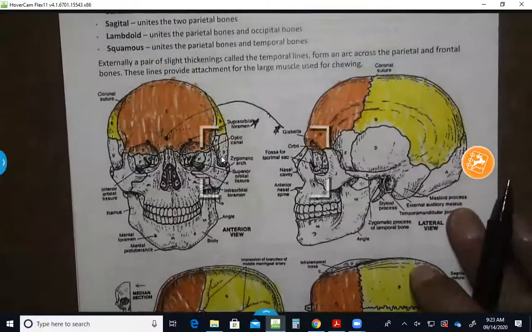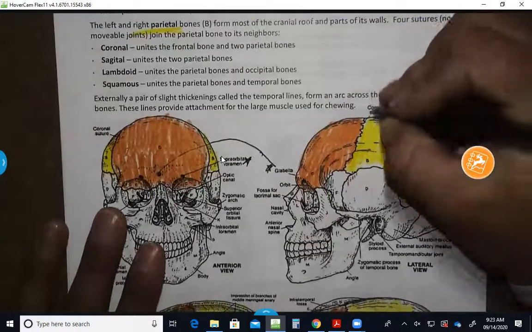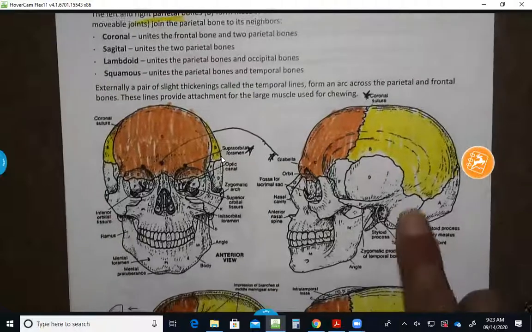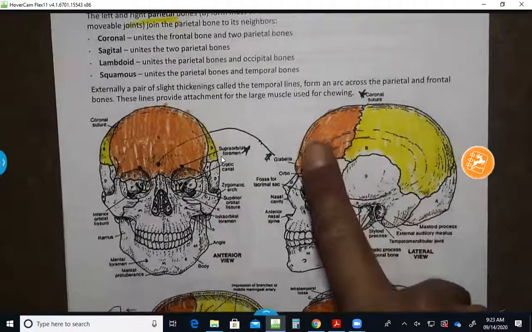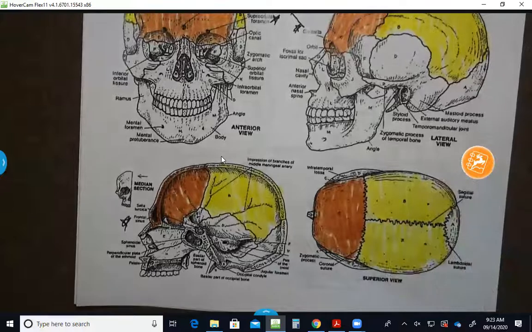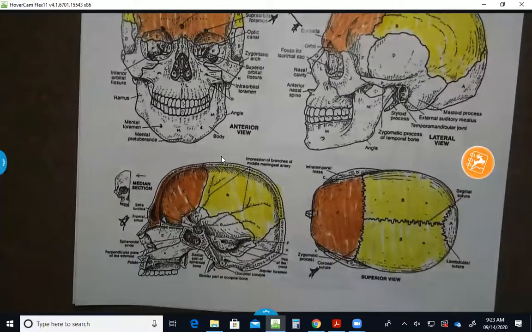Okay, the next structures are the special name sutures. These are the only sutures that you're going to have to know a special name for. Which includes the coronal suture, which is what divides our parietal bones from the frontal. Okay, we can see it very nicely from above.